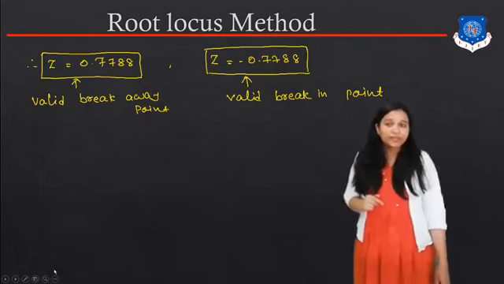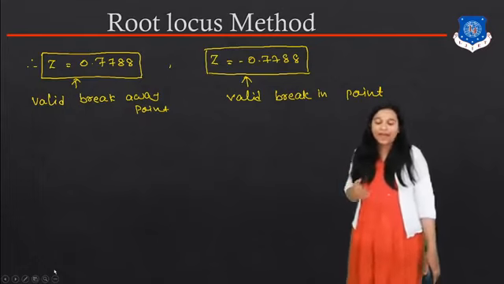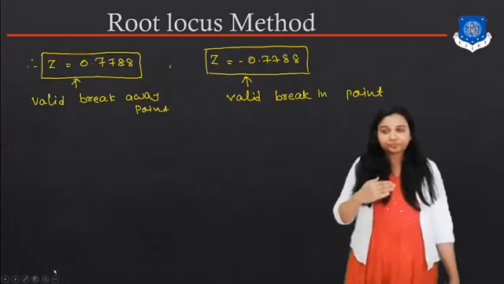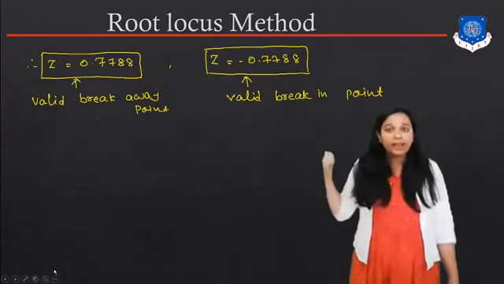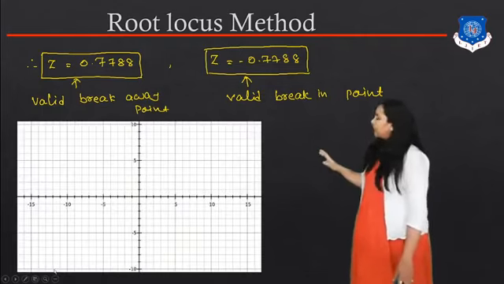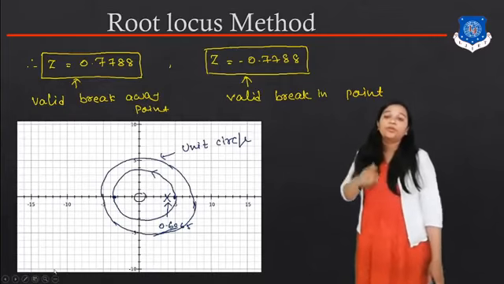Now the last step is we have to draw a root locus using these values like the angle of asymptote, centroid, number of poles and zeros, and the value of z. So we have to take a graph paper using the real and imaginary axes. Now we have to draw the root locus.